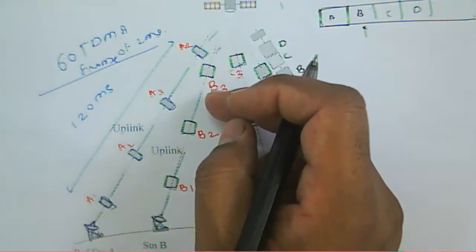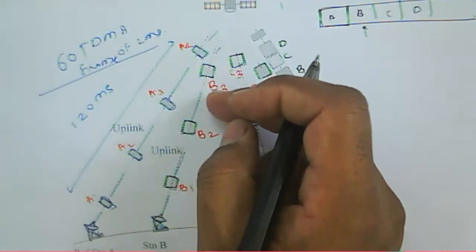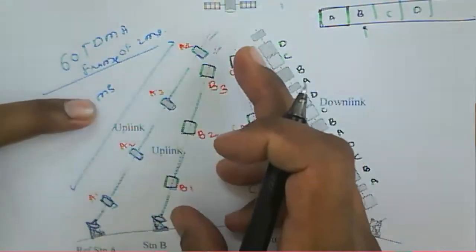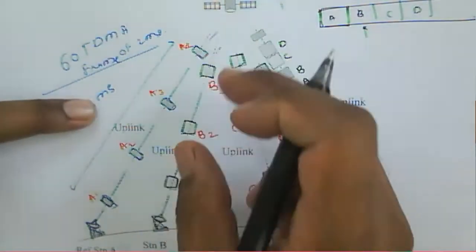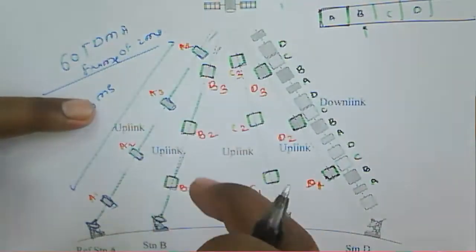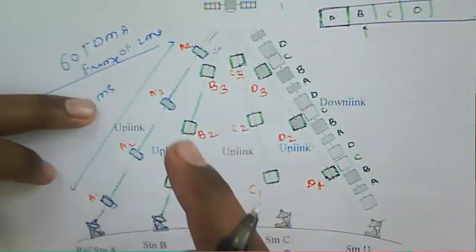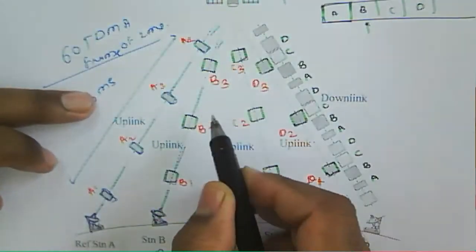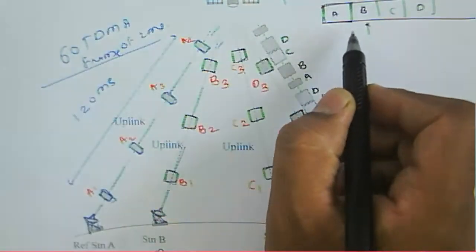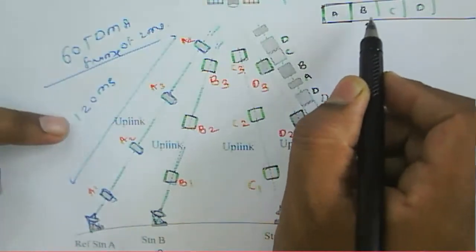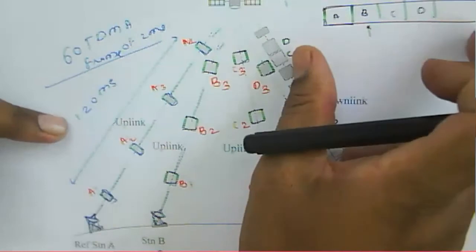So that's why every time we need to know exactly what transmit time is required for the station to send the data to the satellite, so that the exact location of that particular station or burst can be obtained accurately.